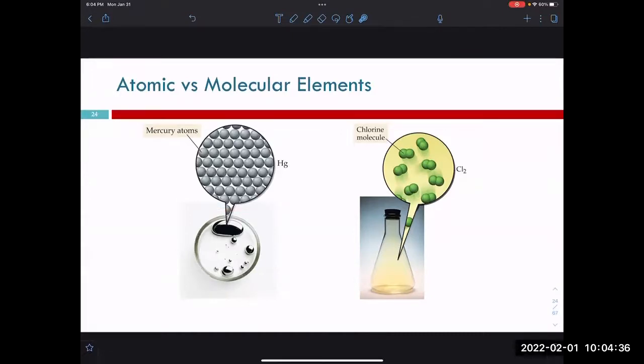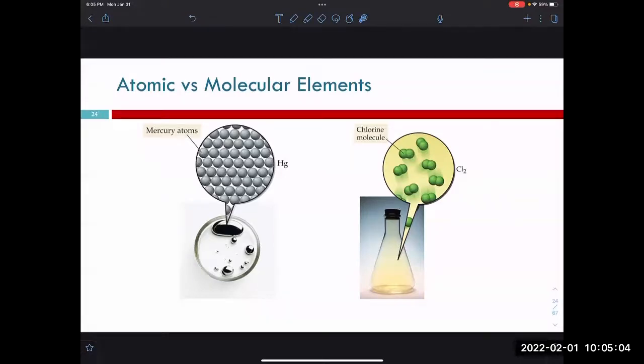You could break these off, you could have any number of them. If you had the right tools, you could pull off a single mercury atom, but they're not bound together in any specific ratio. Whereas something like chlorine, which is one of the diatomic or molecular elements, always exists as Cl2 diatoms. It's two chlorines bound together.